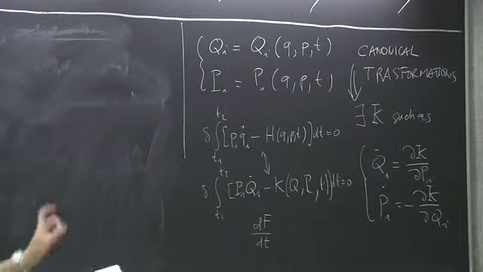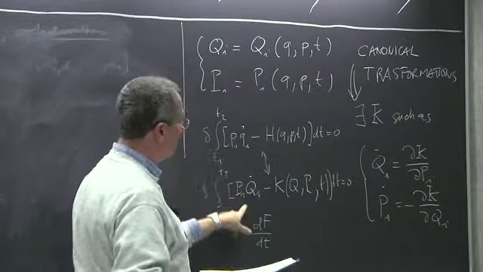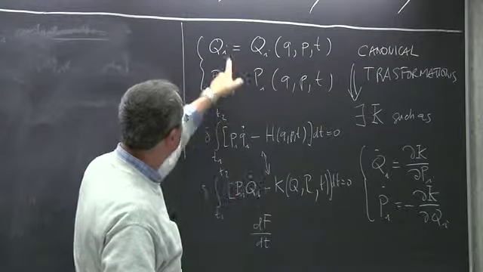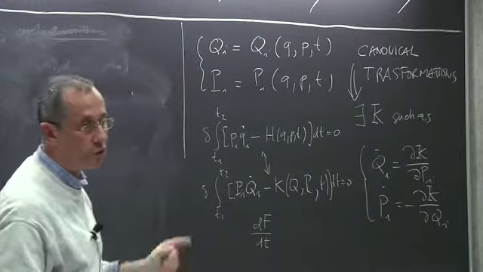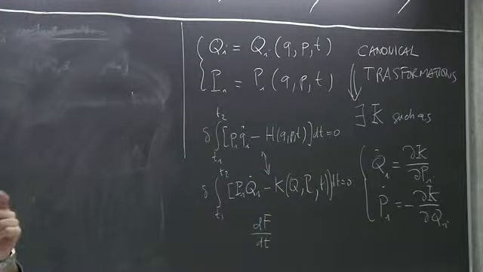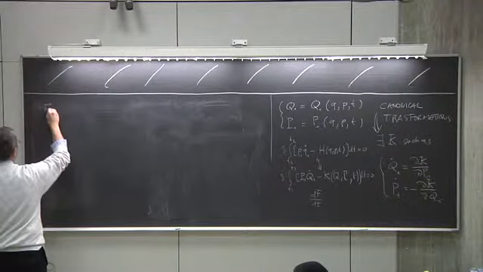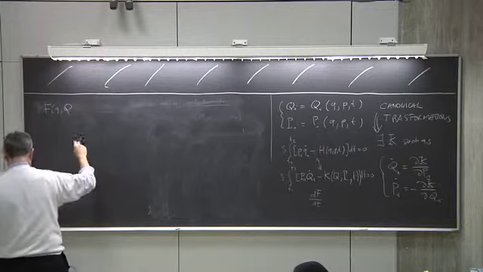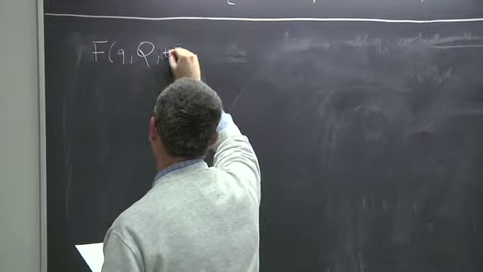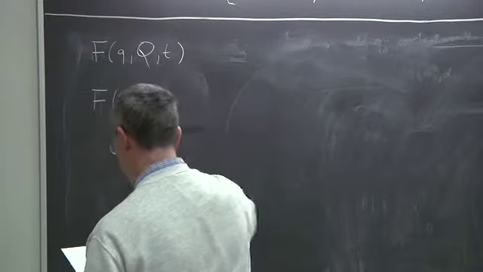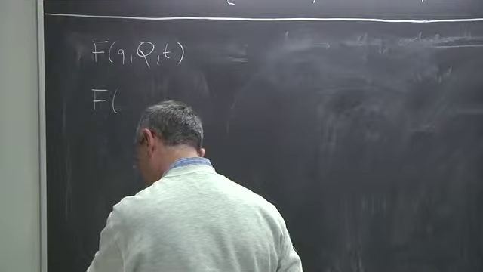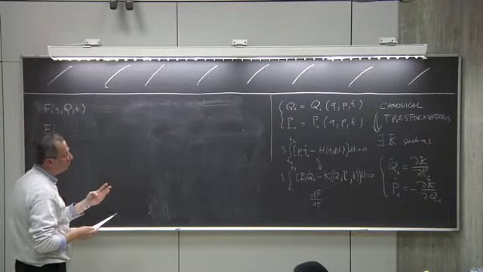F must be a function of the old and the new variables, because it's linking these two and completely characterizing the transformation. So it must be a mixture of what? It can be either a little q and a big Q, and of course t. So you have four possibilities, right?